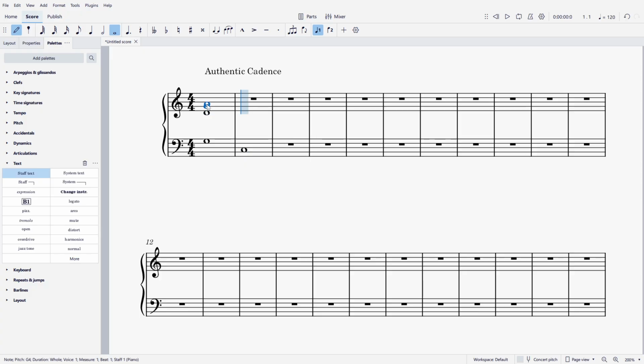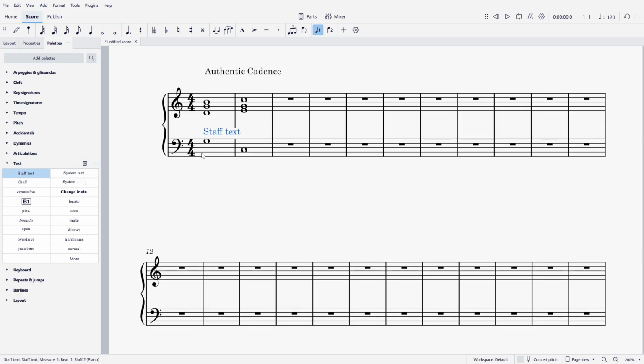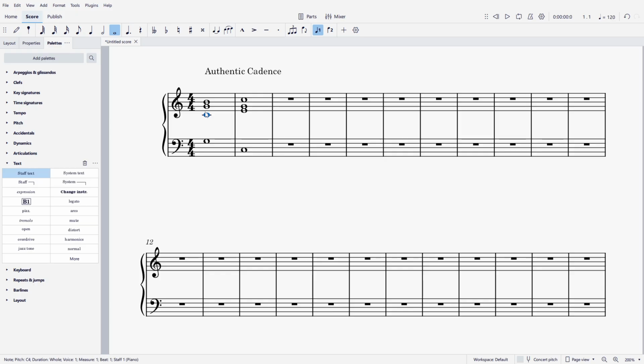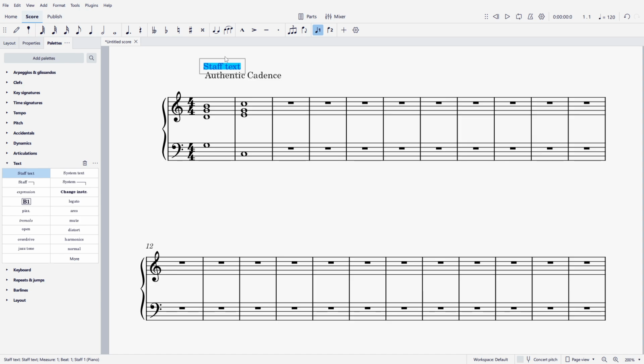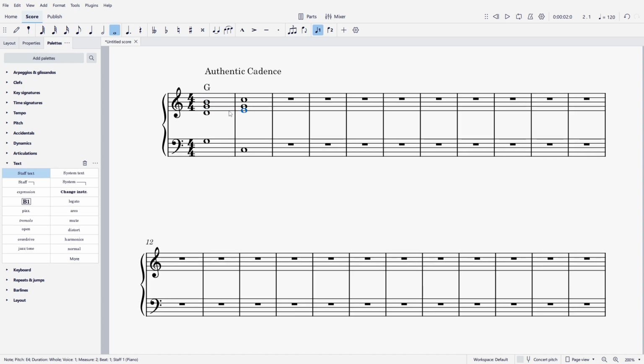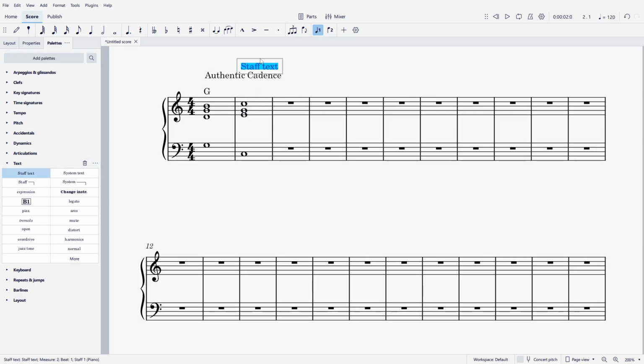So let's do this. And here we have, nope, not here. A G chord or a dominant chord and a C chord.